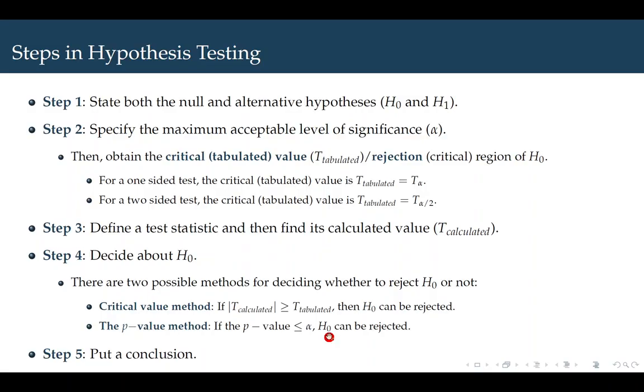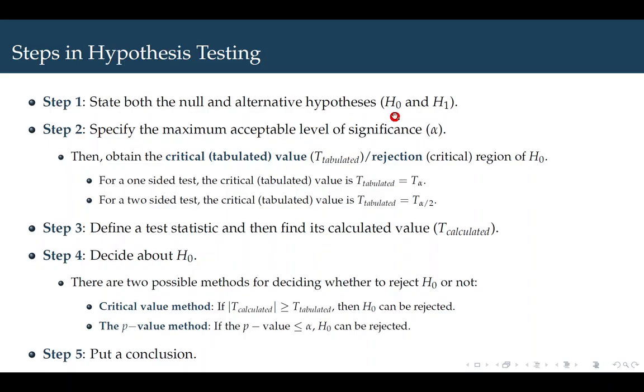Then based on this decision, that is the rejection or non-rejection of H naught, finally we are required to put a conclusion, or let's say a final interpretation, of the hypothesis testing results. So we will follow these 5 steps in conducting a statistical hypothesis test.